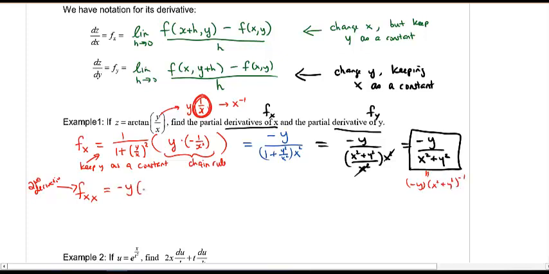Then I do the chain rule: negative 1 times x squared plus y squared to the negative 2, times the derivative of the inside, which is 2x, since the derivative of y squared is just 0. So I get positive 2xy all over x squared plus y squared, all squared. And that would be your second derivative with respect to x.